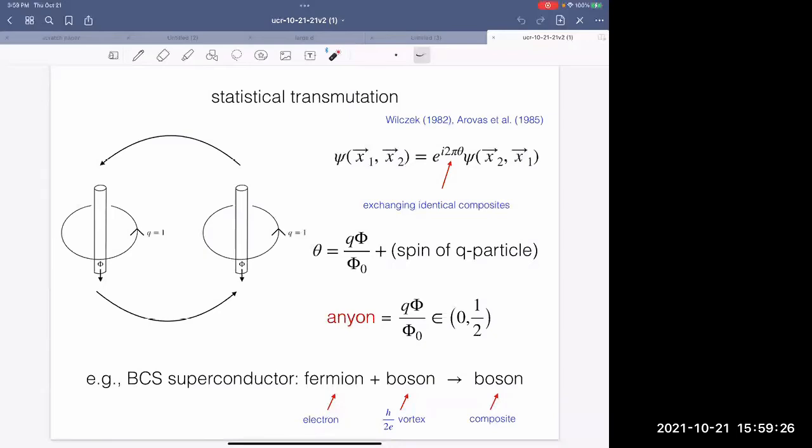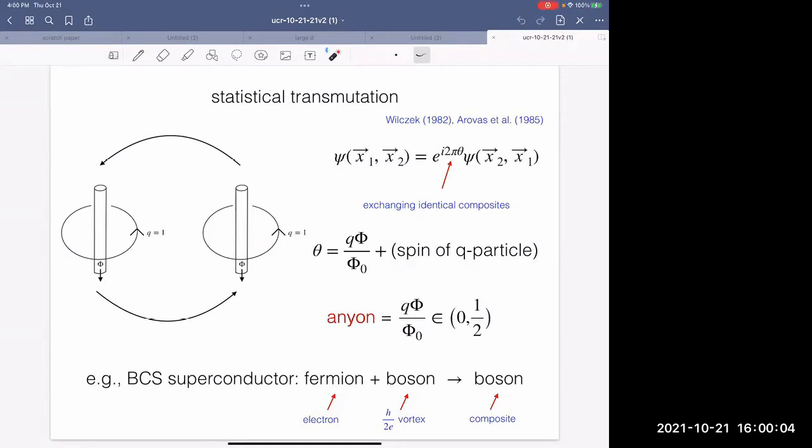And there's 2 contributions to this phase. The first is essentially due to this Aharonov-Bohm phase, as this first particle on the right moves halfway around the flux tube on the left. That happens for both the particle on the right and the particle on the left, and they contribute a total phase similar to before. And in addition, there's a contribution that's depending on the statistics of this particle Q, which I'm calling the spin of particle Q.